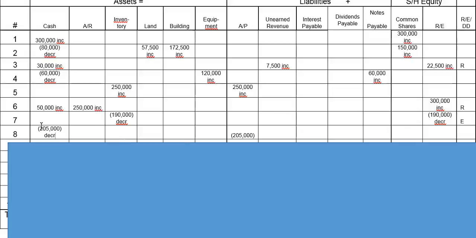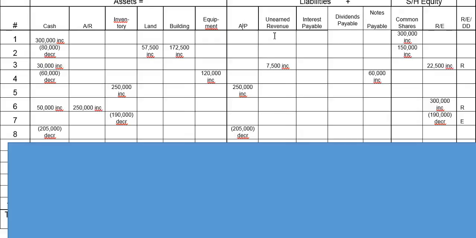So your cash is going down. Cash is an asset. When it goes down, assets go down. What else is going down? Your liability is going down. So again, we've got assets going down because cash is going down, and we've got liabilities going down because every time we pay off our liabilities, we decrease them, right?